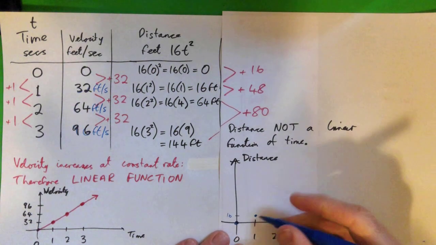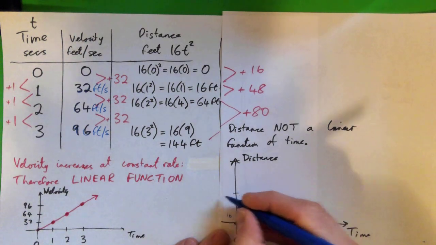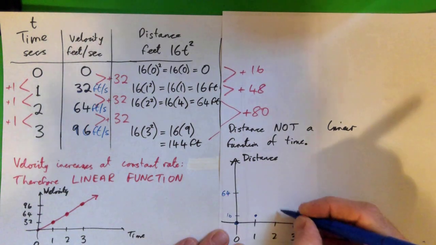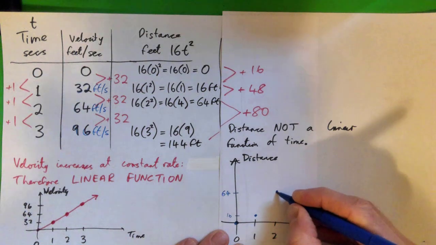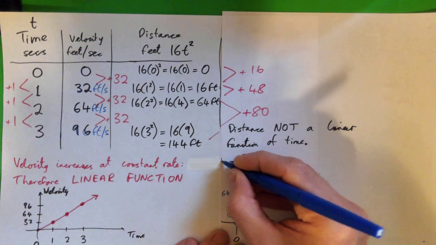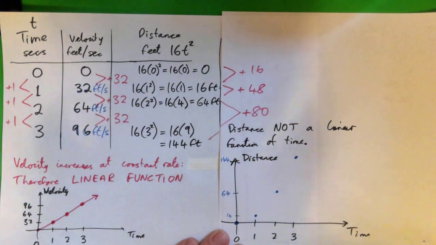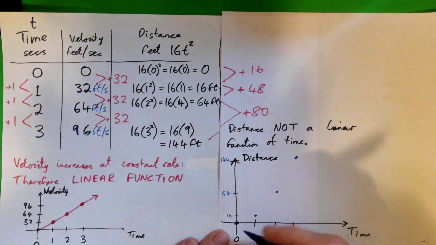Then 64, that's a bit up, something like there. And then 144, that's another jump, so around there. So that's up there.